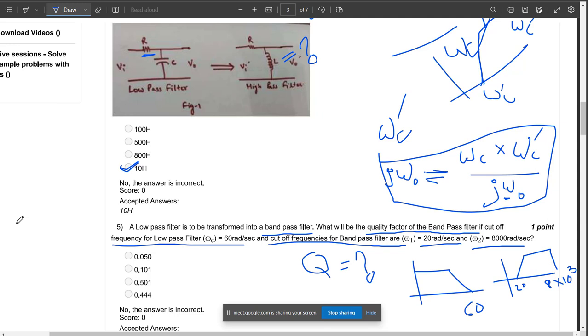It is option A, 0.050. Okay, what about others?